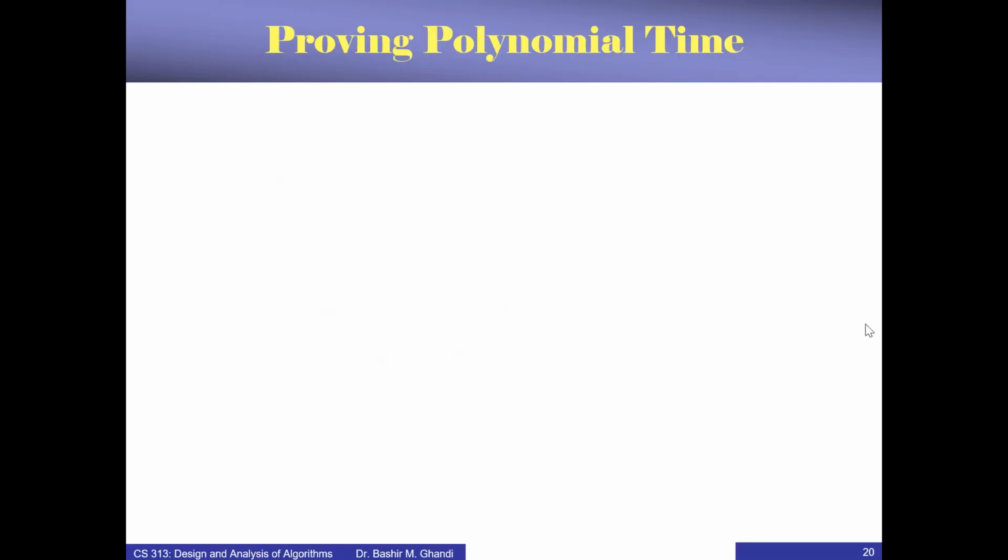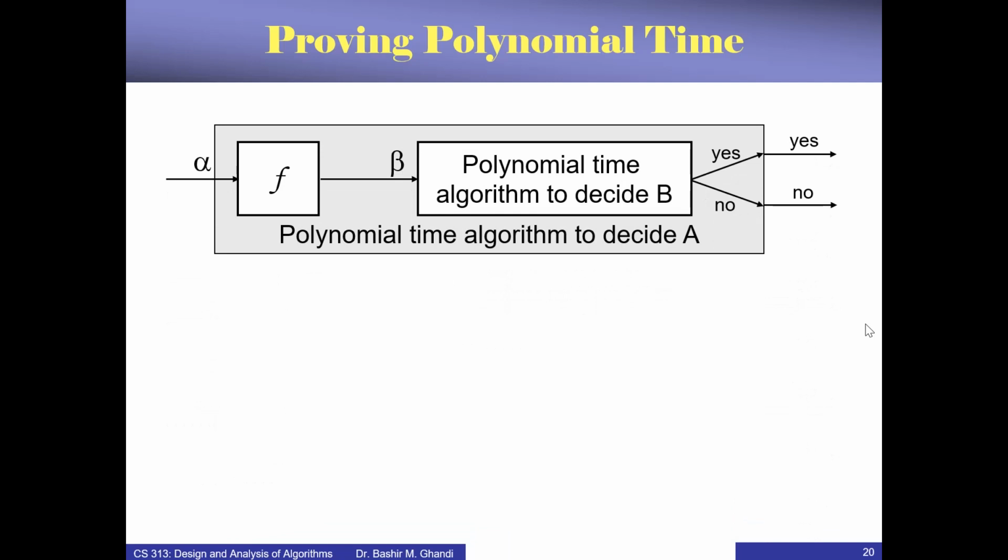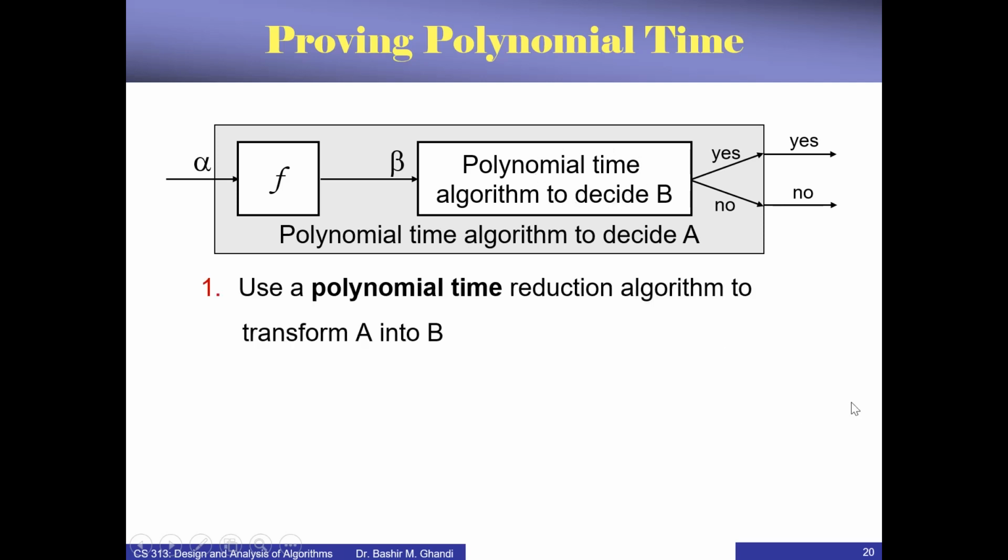How do you prove that an algorithm runs in polynomial time? You can use reduction. First of all, you need to have a well-known algorithm that is proven to run in polynomial time. So we have a polynomial time algorithm for a particular problem B. So what you do is the following.